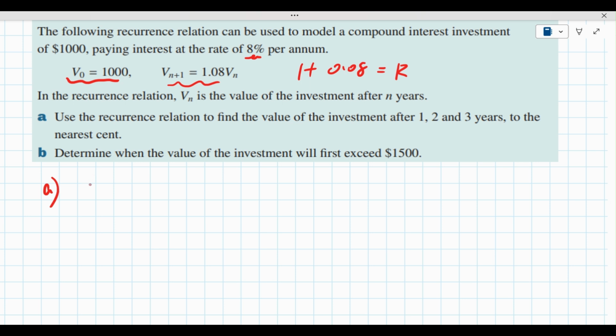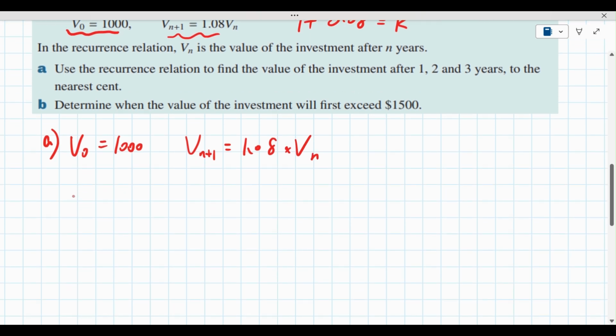After 1 year, V0 equals 1,000 and Vn+1 equals 1.08 multiplied by Vn. So V1 equals 1.08 multiplied by 1,000, which equals $1,080.